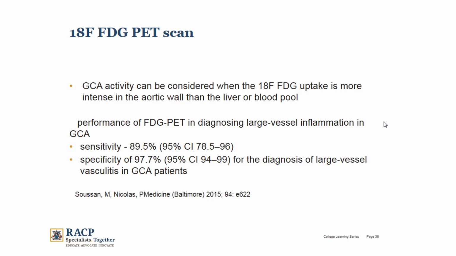Giant cell arteritis is considered present when the uptake is more intense in the aortic wall compared to liver or blood pool, and it performs quite well as a test in diagnosing large vessel inflammation in GCA. The sensitivity was 89.5% and specificity up to 97.7%, particularly in patients who got a diagnosis of GCA.